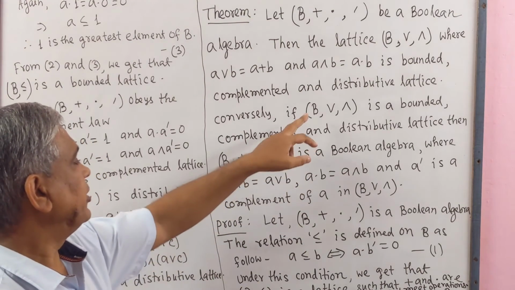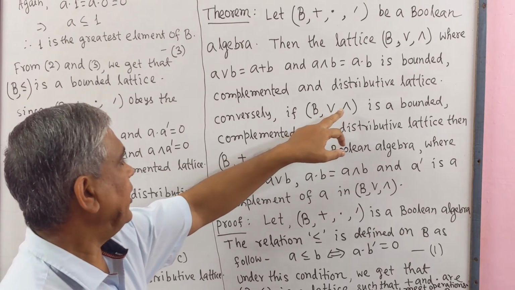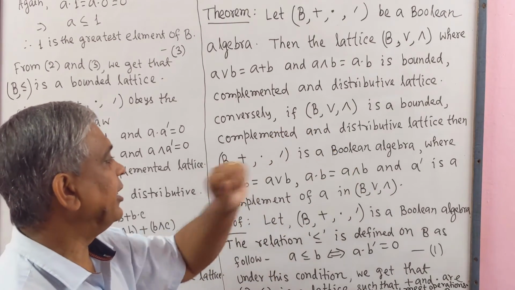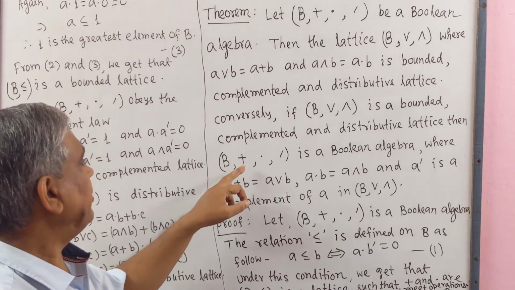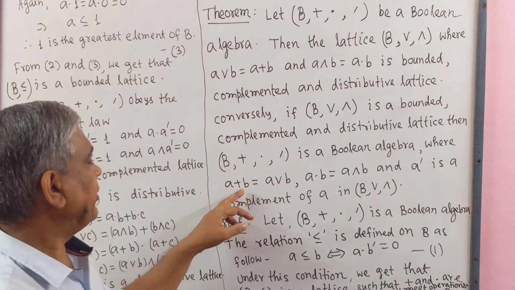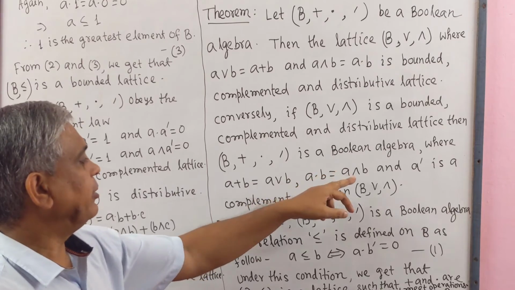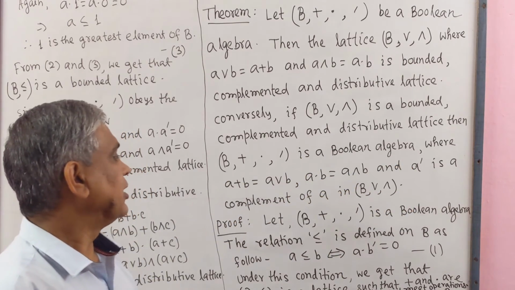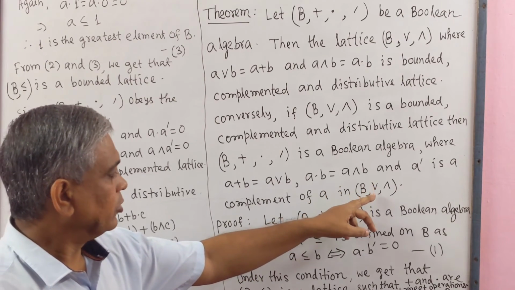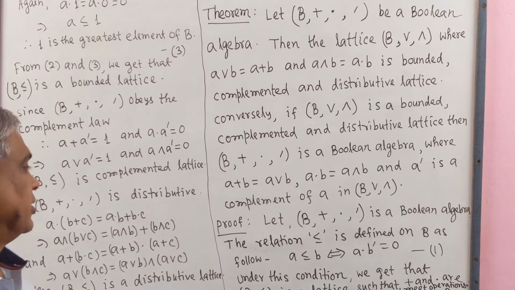Conversely, if B with operations join and meet is a bounded, complemented and distributive lattice, then B with plus, dot, complement is a Boolean algebra, where A plus B equal to A join B, A dot B equal to A meet B, and A prime is a complement of A in B with join and meet. Now we shall prove this.